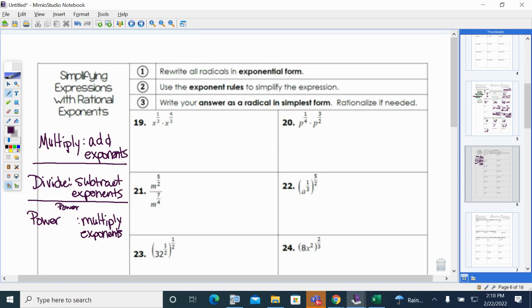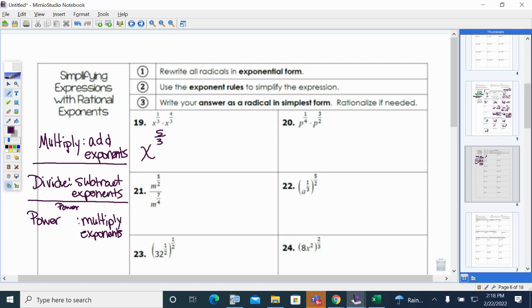So looking at number 19, we've got x to the 1/3 power times x to the 4/3 power. So we can rewrite this using our exponent rules. Because it says multiply, the bases are the same. They both have a base of x. So I'm allowed to add those exponents. 1/3 plus 4/3 is going to be 5/3.